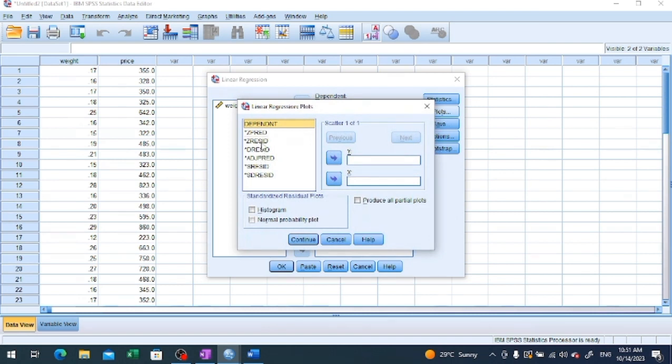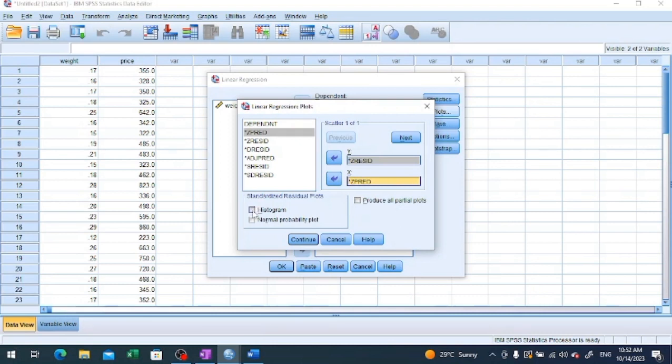We take ZRESID as the y-axis variable and ZPRED as the x-axis variable over here, so that we can check whether the independence of residuals assumption has been followed by the regression model or not.